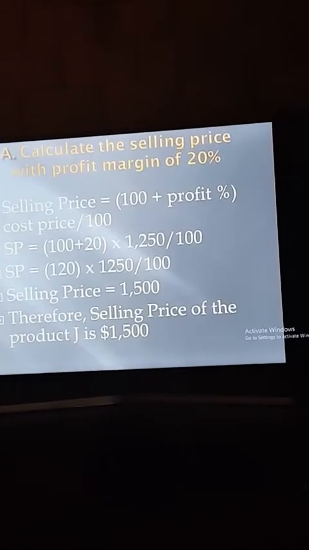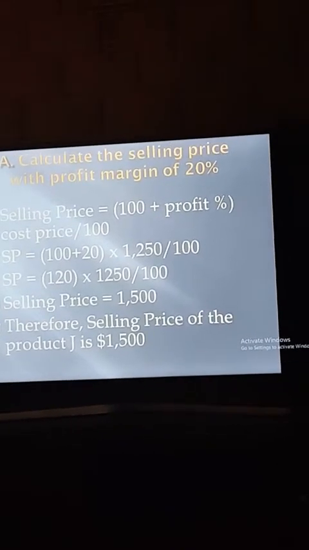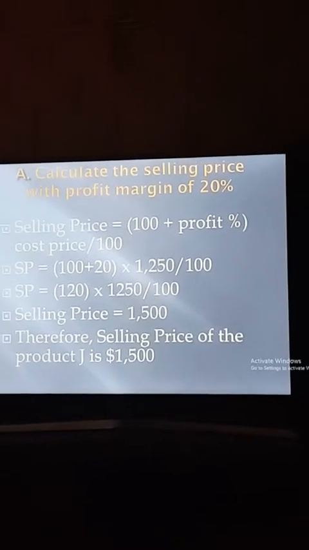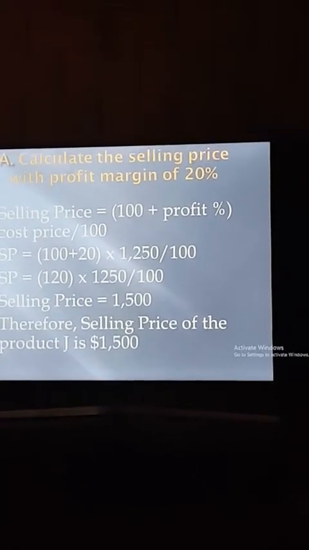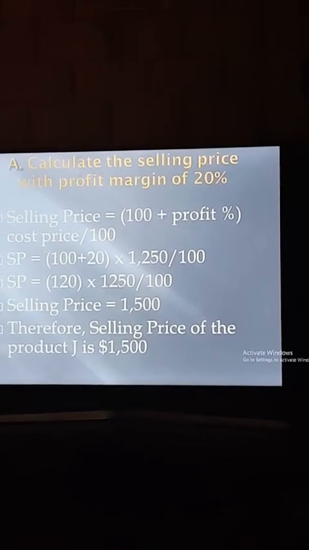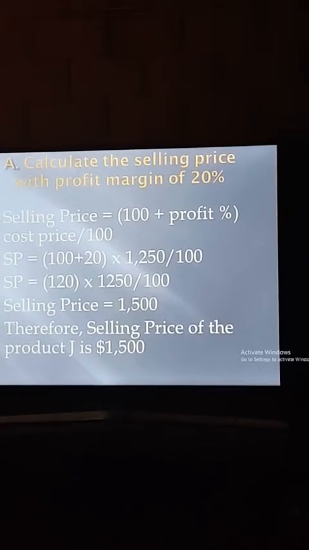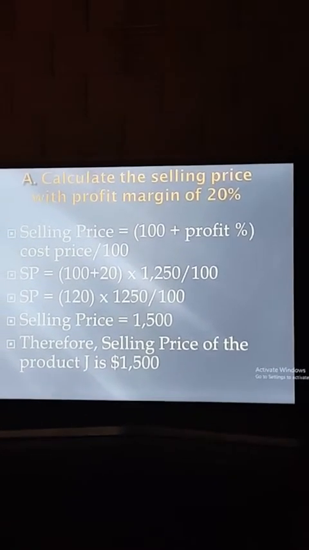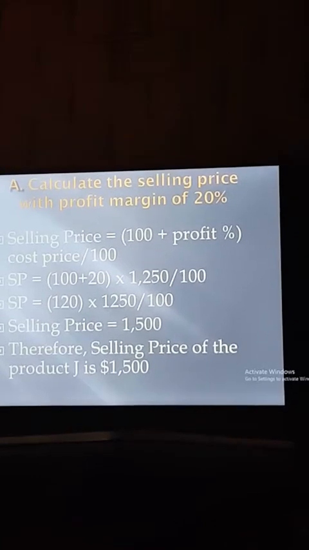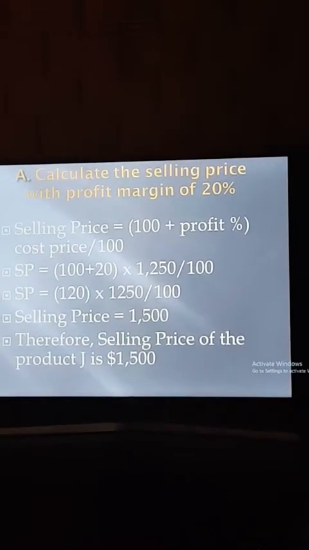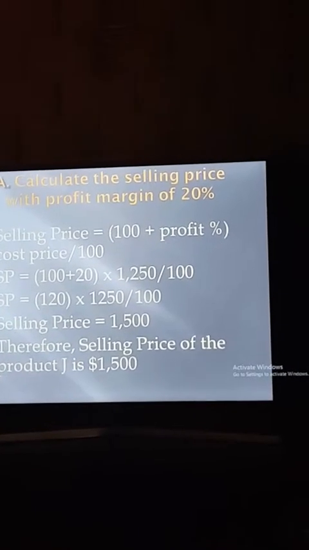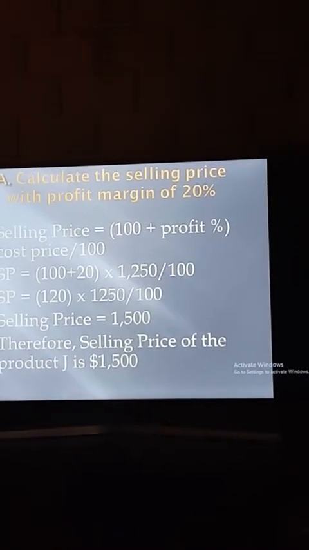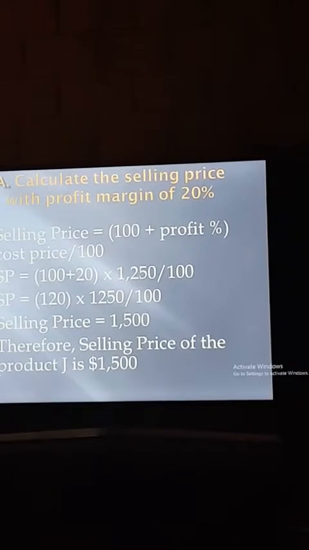Using this formula, by putting in the variables, we know the profit margin is 20% and the cost price is $1,250. Selling price equals 100 plus 20 multiplied by 1,250 over 100.